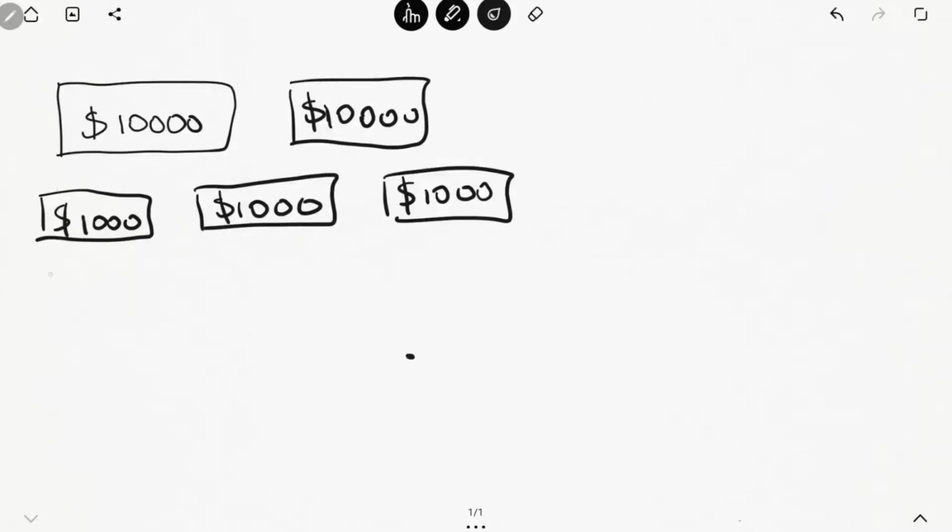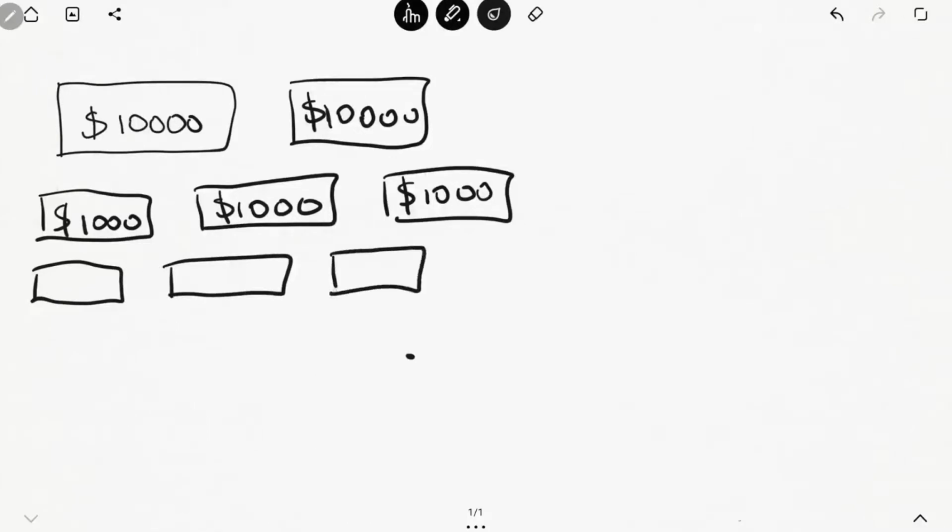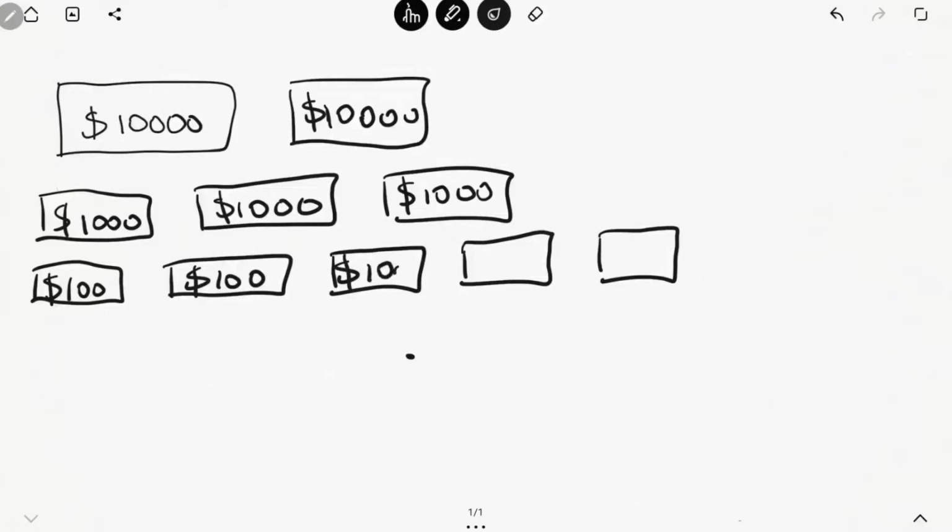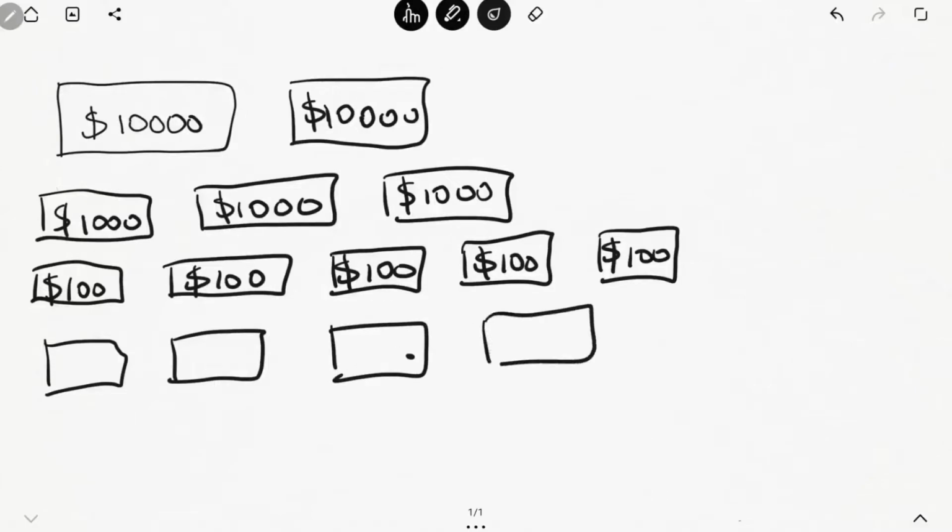All right. And then let's say now, if you're writing this in a book, you might want to do a way better drawing than I'm doing, because my drawing skills are really off. So anyway, let's say we had five $100 bills, right? And then let's say we had four $10 bills.